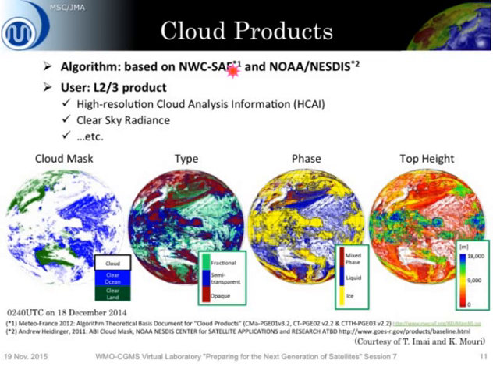These products become inputs of other level 2 or level 3 products, such as high-resolution cloud analysis information explained later, and clear sky radiance, and so on.